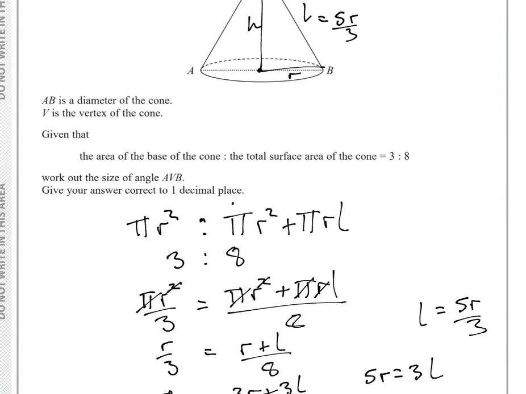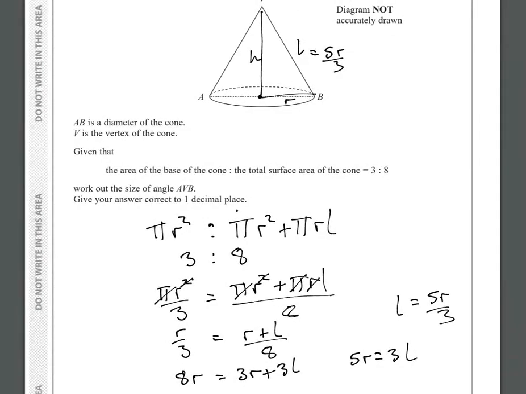And that means that now I want to get the angle AVB. So I'm going to get this one, which is half of it. This is the hypotenuse, this is the opposite, so I'm going to use sine. So we've got sine to the minus 1, opposite, which is r over 5r over 3. The r's cancel, becomes 3 over 5.